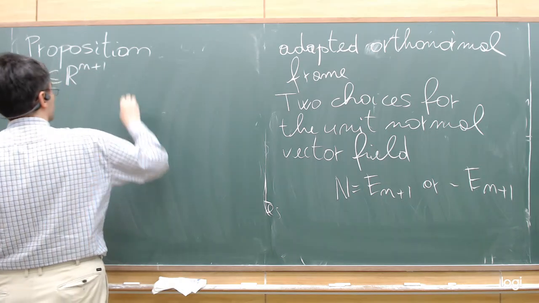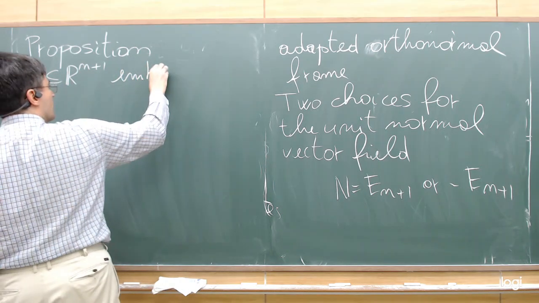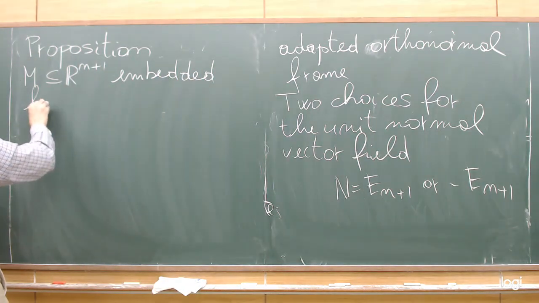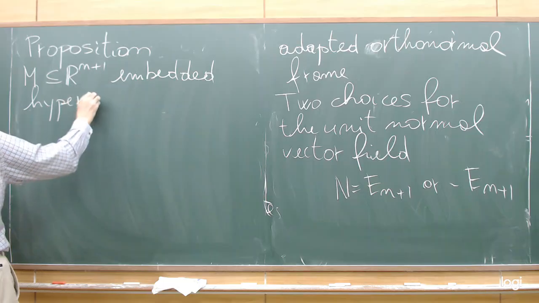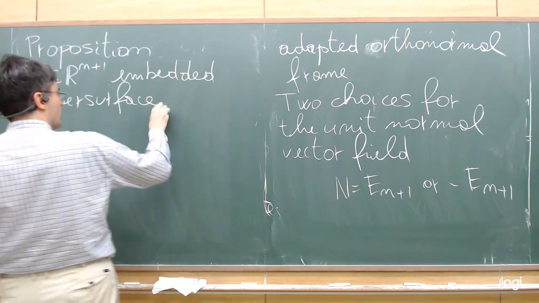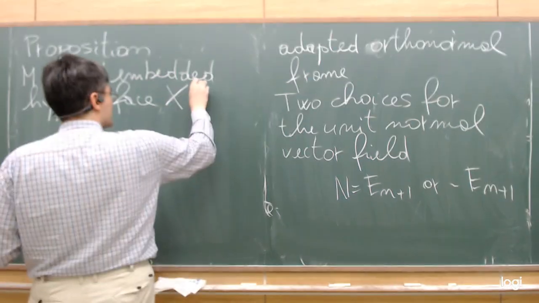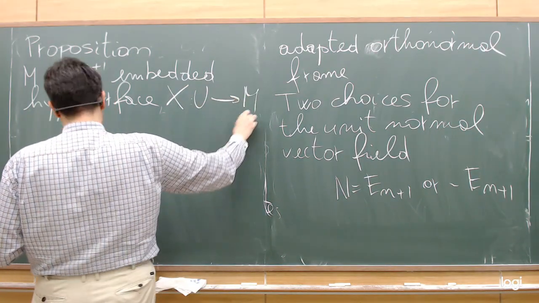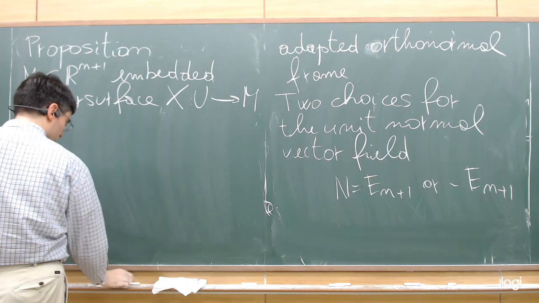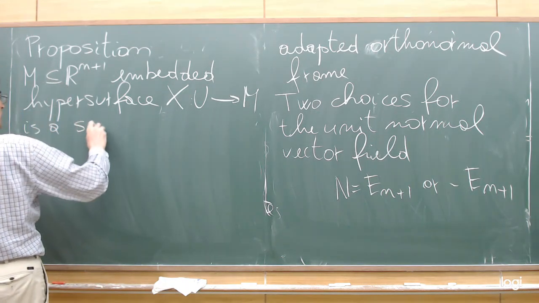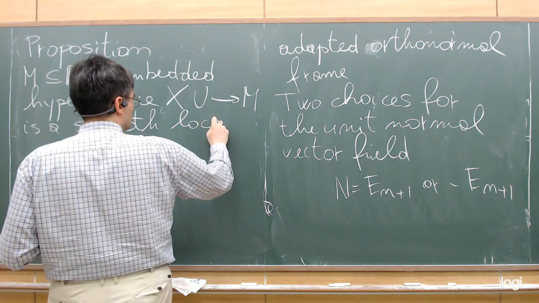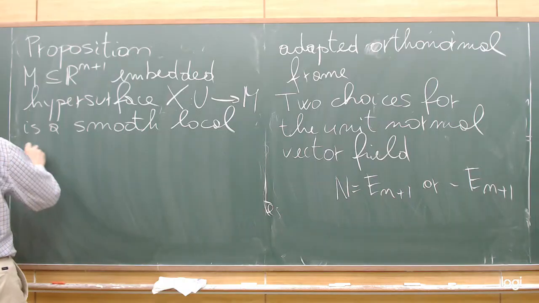Suppose that M is an embedded hypersurface. Suppose that X is a smooth local parametrization.